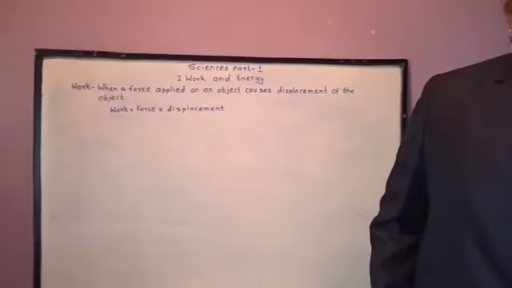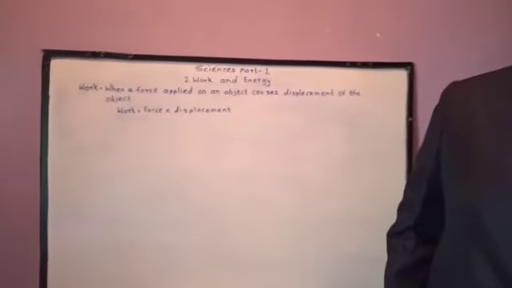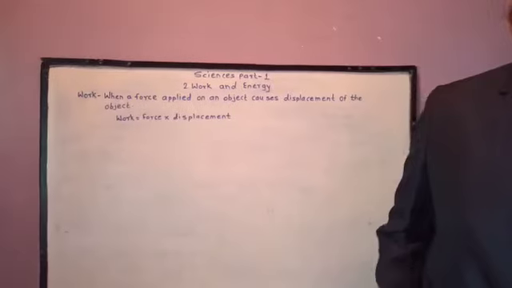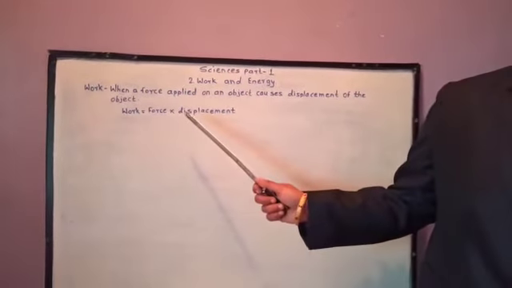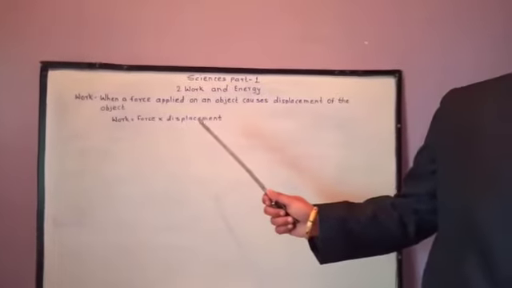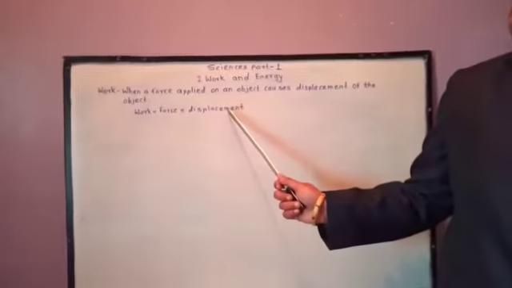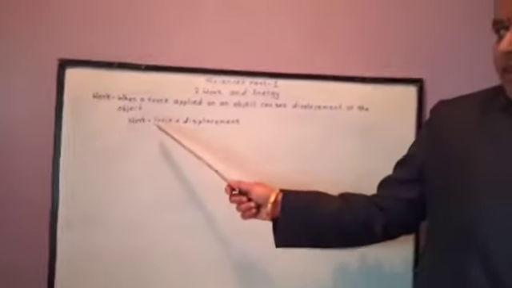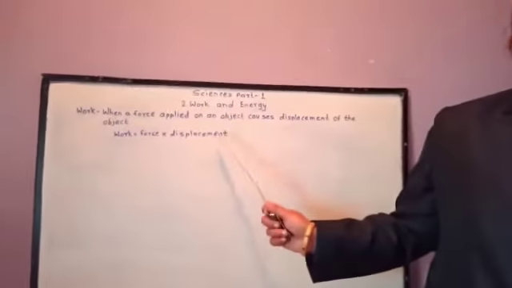Work done by a force acting on an object is the product of the magnitude of the force and the displacement of the object in the direction of the force. Therefore, work equals force into displacement.